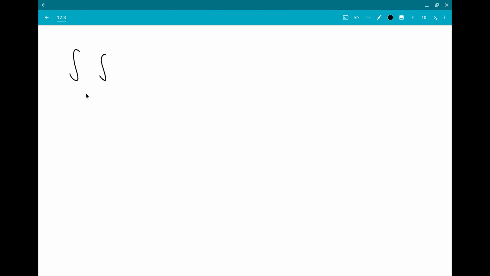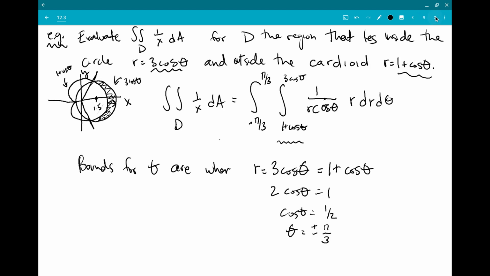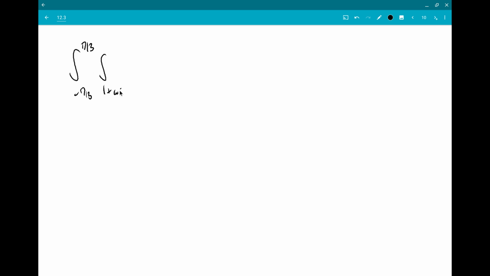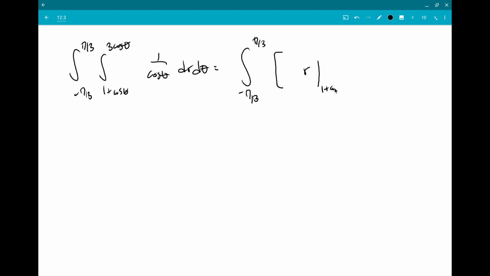So this integral is from minus pi over 3 to pi over 3, from 1 plus cosine theta to 3 cosine theta. 1 over r times r canceled out, so it's just 1 over cosine theta dr d theta. So integrating with respect to r first, integrating dr is r, evaluated from 1 plus cosine theta to 3 cosine theta.